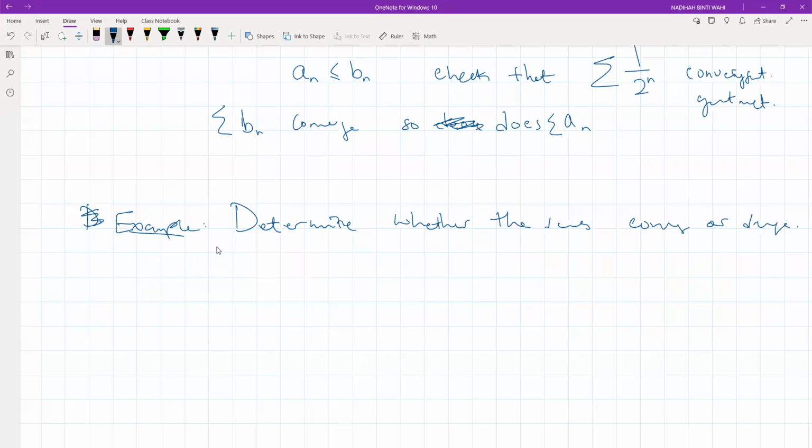Okay, what's the series? This is the sum from 1 to infinity of 5 over 2n squared plus 4n plus 1.